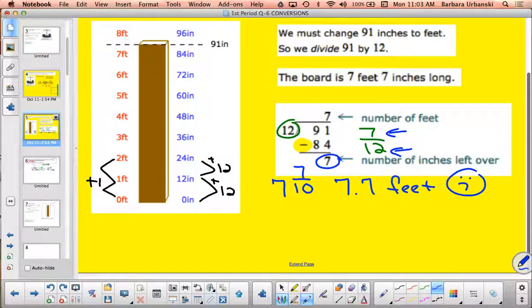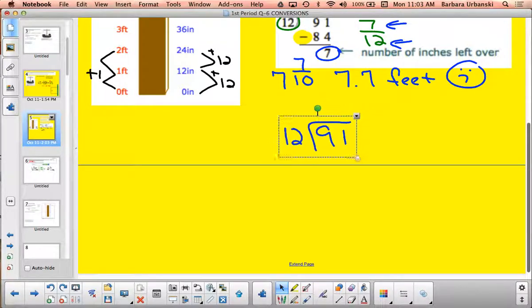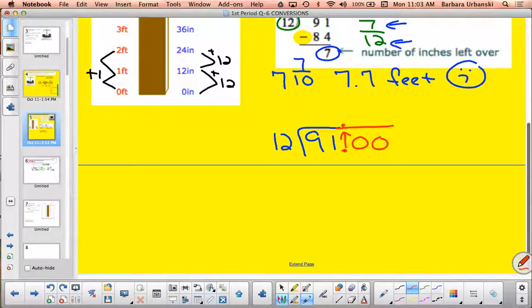The only way that you could convert to a number of feet would be to extend this particular problem, and we would have our 91 divided by our 12. We could continue our problem, put in a decimal, and instantly the decimal would go up into the quotient. We could annex several zeros, and then continue.